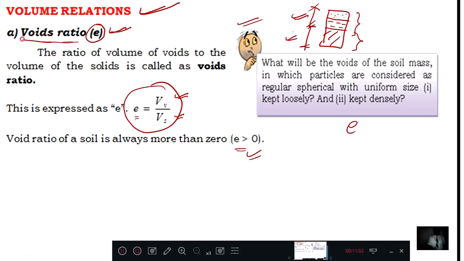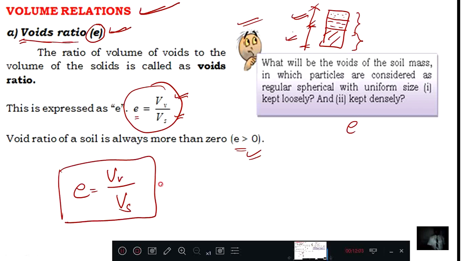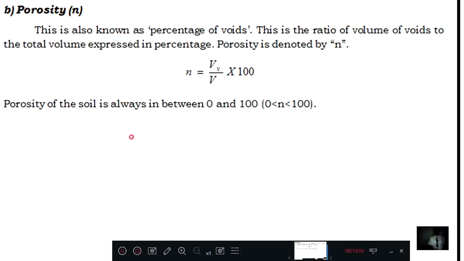Now we came to know the meaning of voids ratio. Voids ratio can be defined as volume of voids to the volume of solids. This is not expressed in terms of percentage because this is just a ratio. And the second term we will define in this chapter is porosity. This is also known as percentage of voids. This is the ratio of volume of voids to the total volume expressed in percentage.